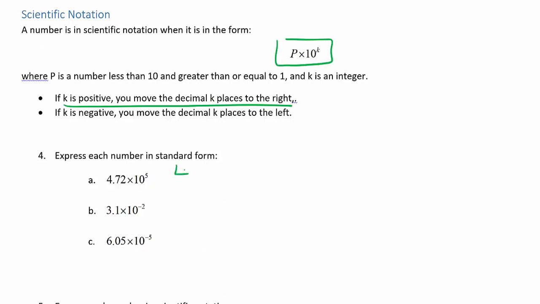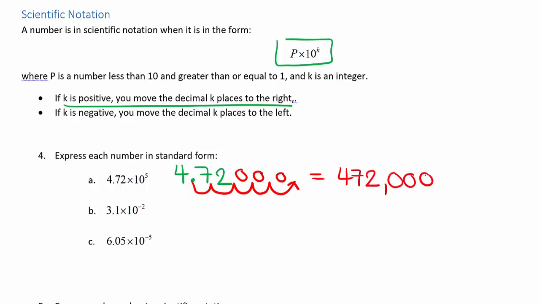So 4.72 times 10 to the 5th, to write this in standard form, I would take that decimal, move it 1, 2, 3, 4, 5 places to the right. I'm going to have to put some zeros in there, and I end up getting the number 472,000. So 4.72 times 10 to the 5th is the same thing as 472,000.